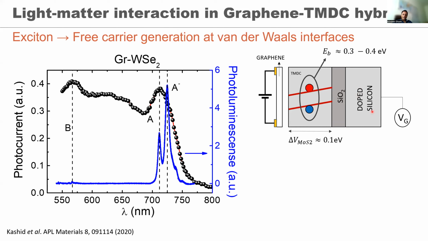If I apply a gate voltage, you create a band bending within the TMDC layer such that when I shine light and electron hole pairs are generated, the electron has nowhere to go but to go here. So you essentially use the electric field across the chalcogenide layer to drive the electron where you want it to go.